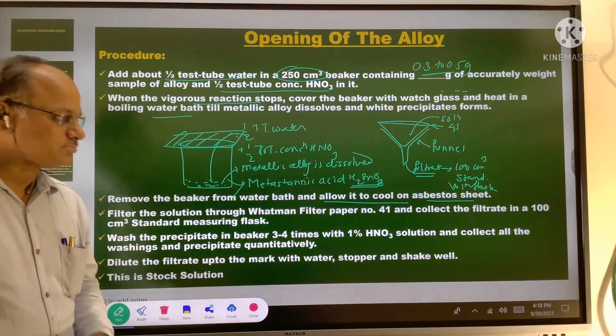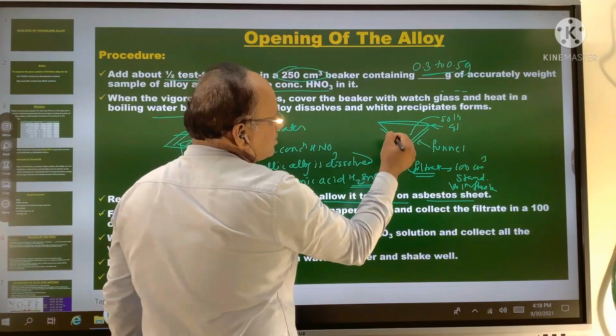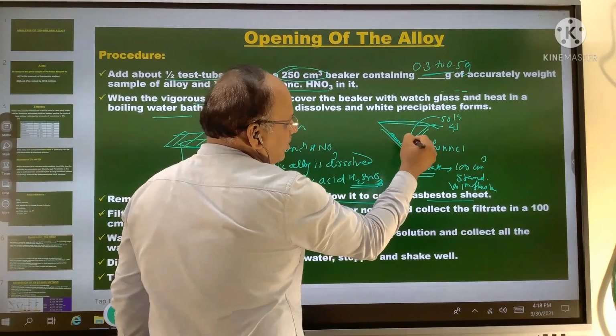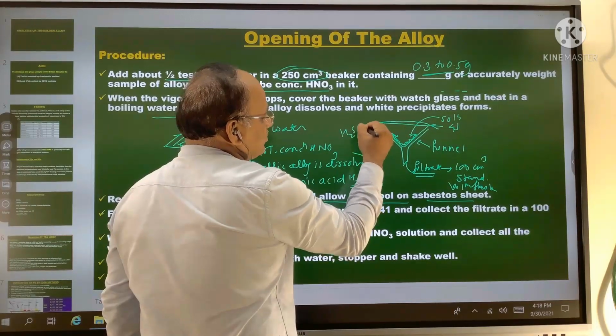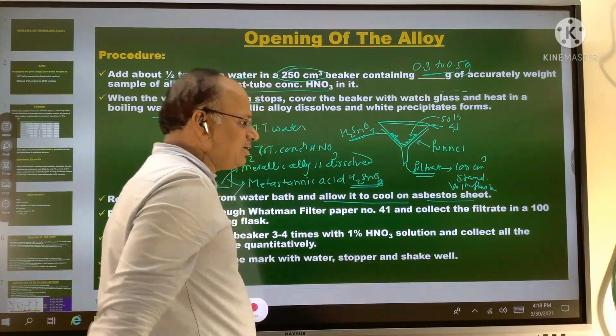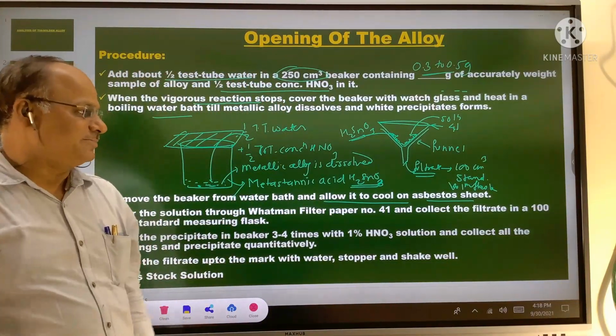Then wash that precipitate. Here, this precipitate on the filter is the H2SnO3 precipitate, and in that filtrate the lead ions are present.